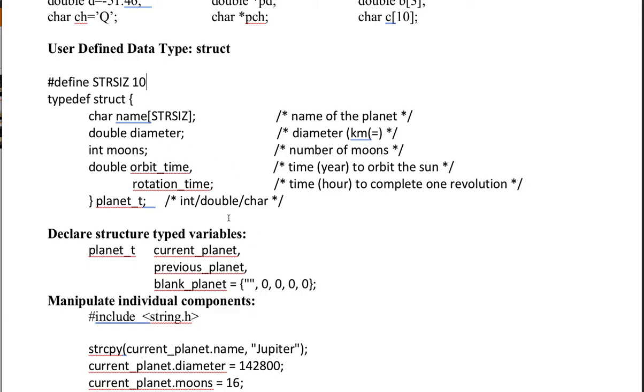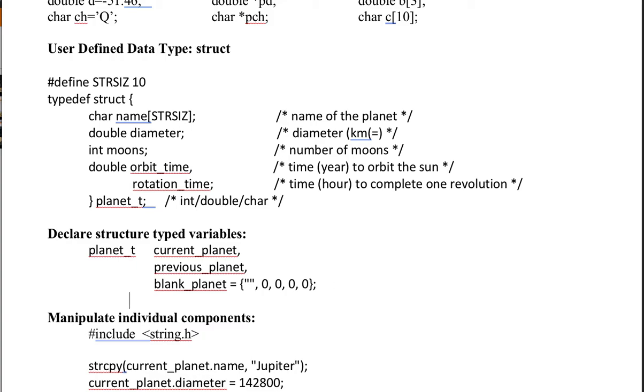So accordingly, the diameter is 0, number of moons 0, orbit time 0, rotation time 0, pretty much everything is 0. So this is planet type, the idea of structure in the C programming language.